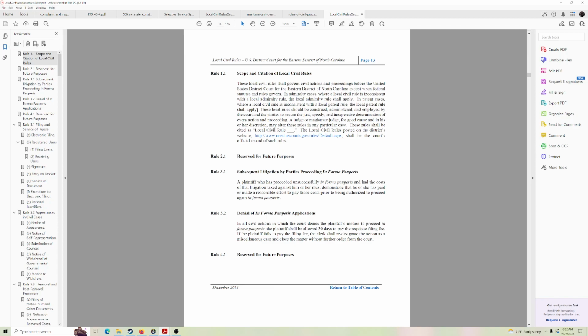shall apply. These local rules should be construed, administered, and employed by the court and the parties to secure the just, speedy, and inexpensive determination of every action and proceeding. A judge or magistrate judge, for good cause, and in his or her discretion, may alter these rules in any particular case.